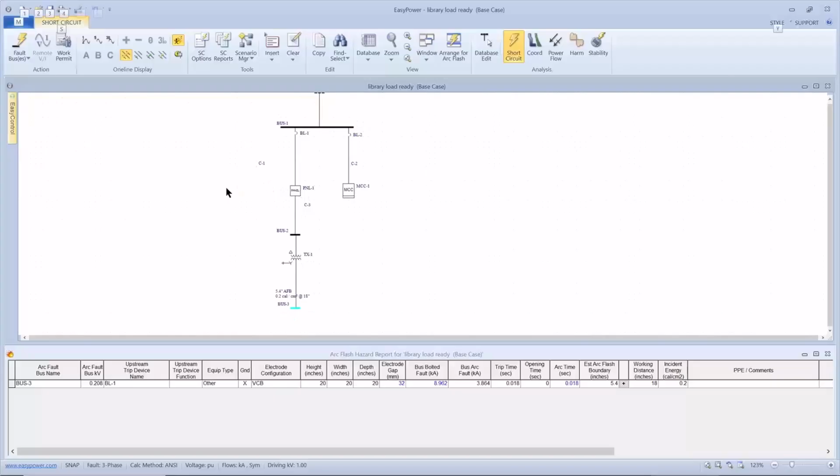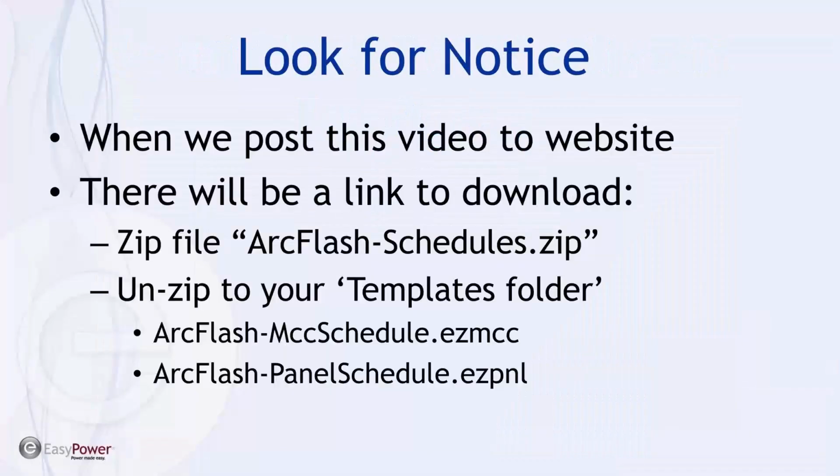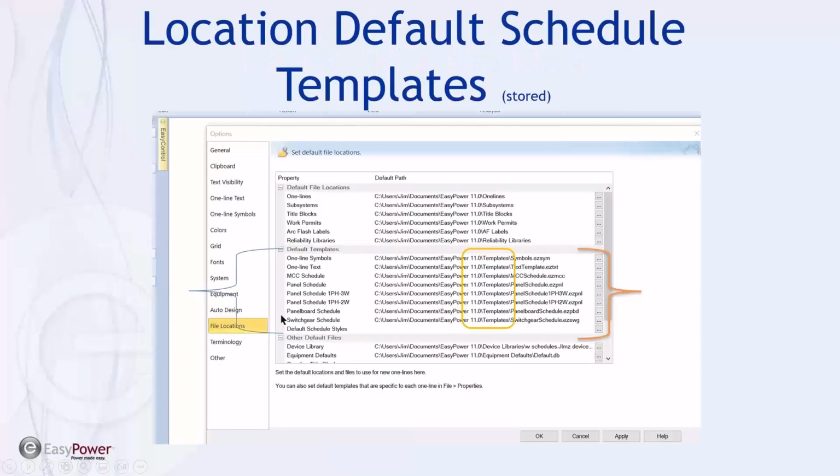We've kind of extended the topic that I wanted to talk about. When we post this video, there'll be a zip file on that same link, and you can download it and unzip it to your templates folder, and it will give you the ability to select ArcFlash MCC schedule and ArcFlash panel schedule. So any questions, let me know.